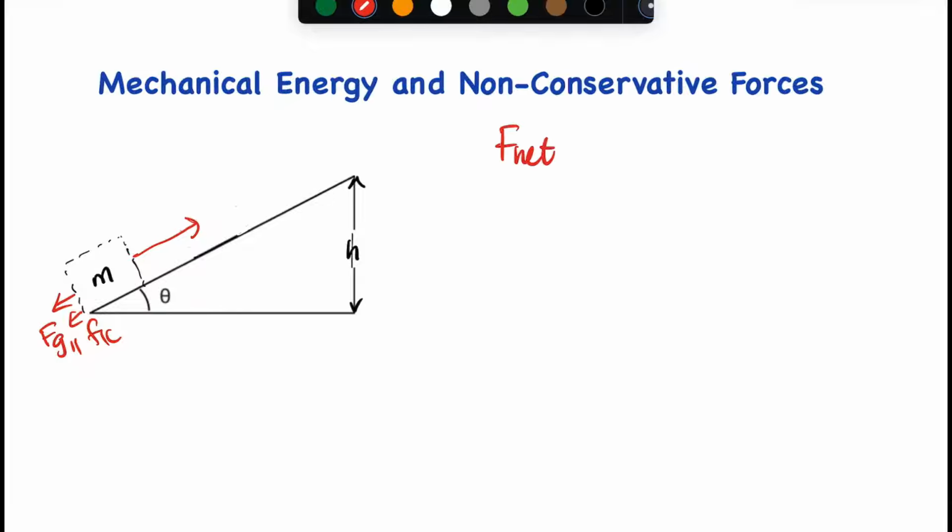Let's say if we do the F net of those forces, it's Fg parallel plus Fk. That's the net force of the forces that are doing work there.